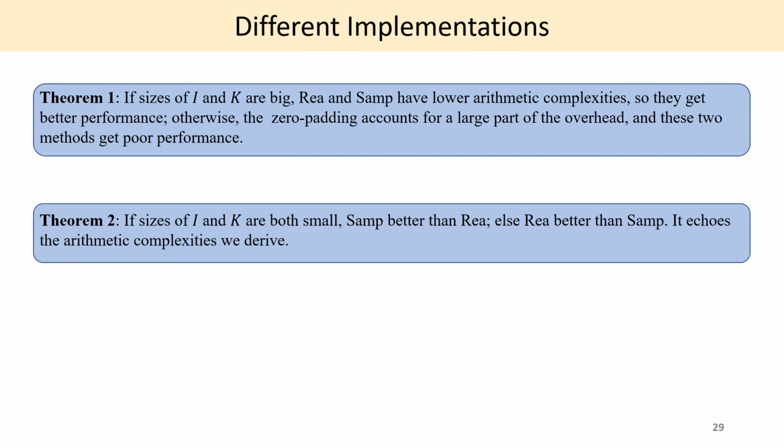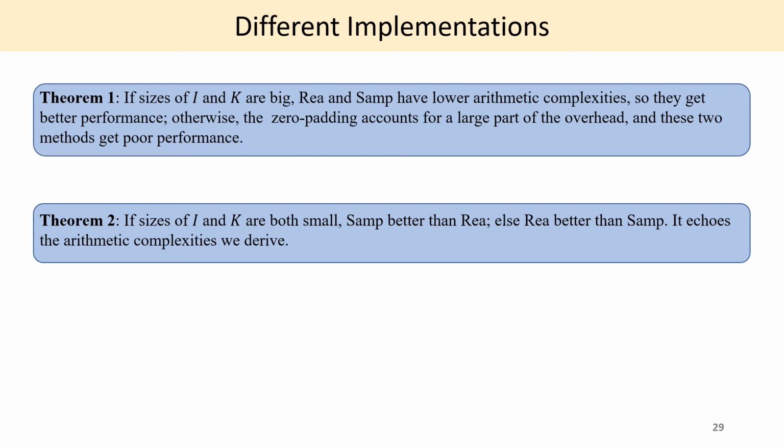By analyzing the experimental results, we get two conclusions. One is if the sizes of input feature maps and kernels are big, the arrangement and sampling-based methods have lower arithmetic complexities and get better performance. Otherwise, zero padding will account for a large part of the overhead so that these two methods get poor performance.